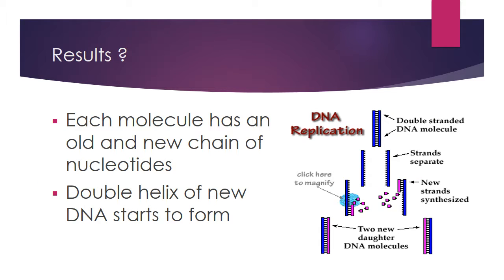The result is each molecule will have a new and an old strand, which makes two daughter DNA molecules, and the DNA double helix will start to form automatically. This is the semi-conservative outcome out of the three.